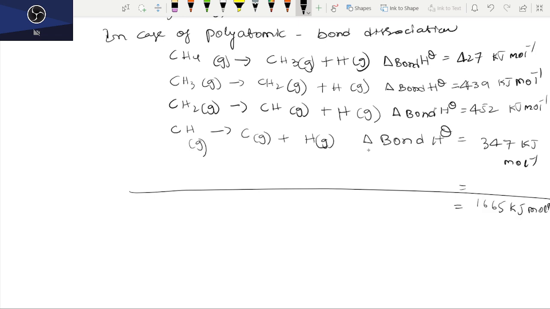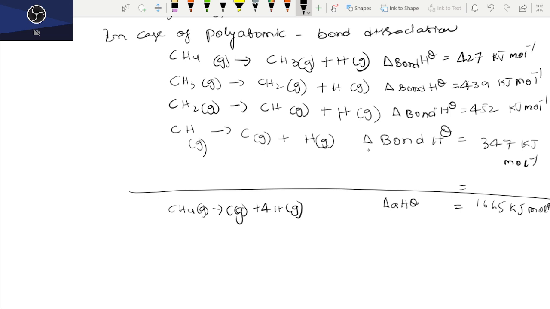Now, if you count delta aH power theta, right? Here I'm taking CH4 as the main compound. Carbon in the gaseous state, I got 4 hydrogens in the gaseous state, I got delta aH power naught.